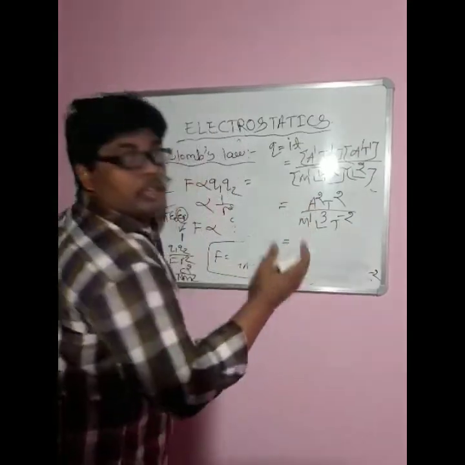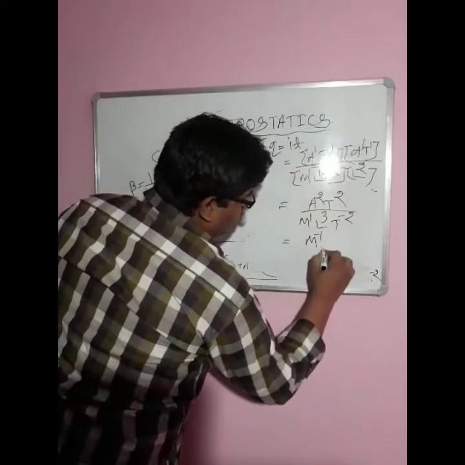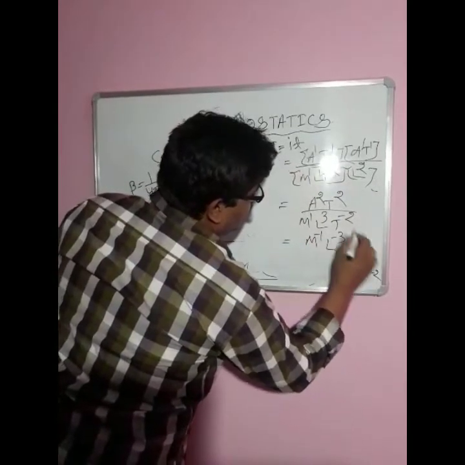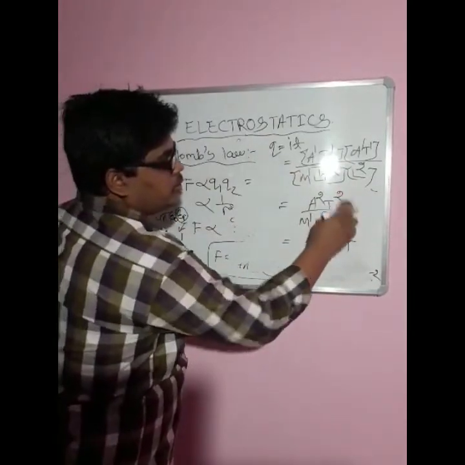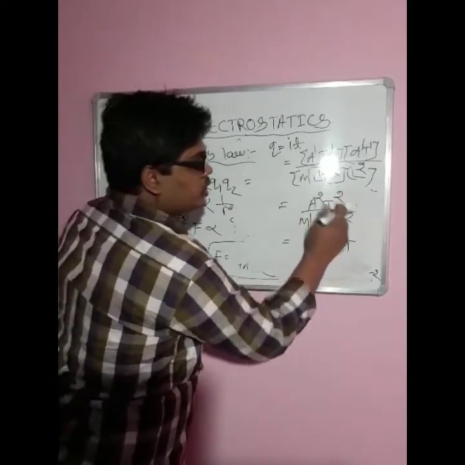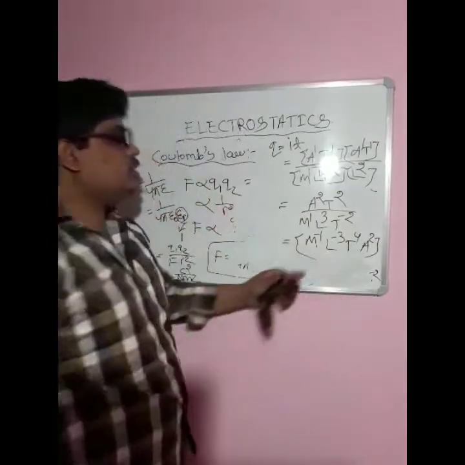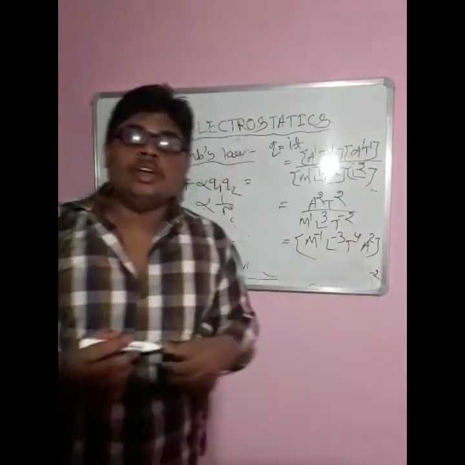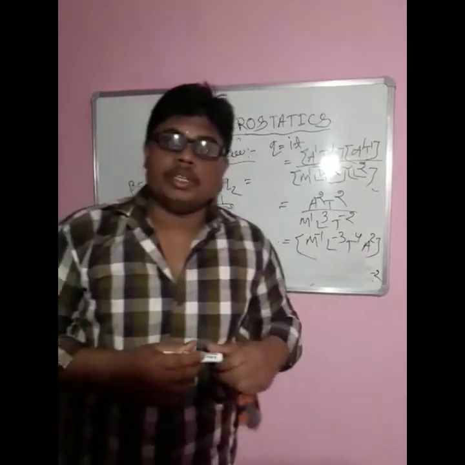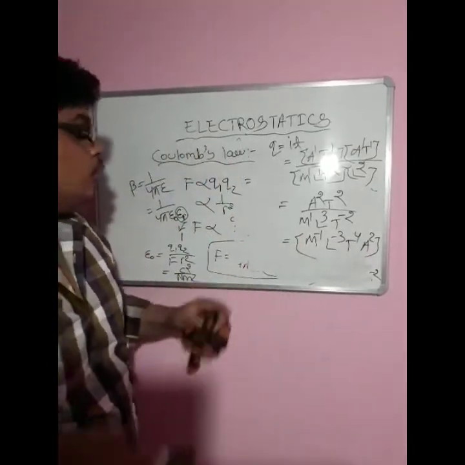Taking it to the denominator, M minus 1 L minus 3 T to the power 4 A square. This is the dimensional formula of epsilon 0, permittivity in vacuum. Clear?